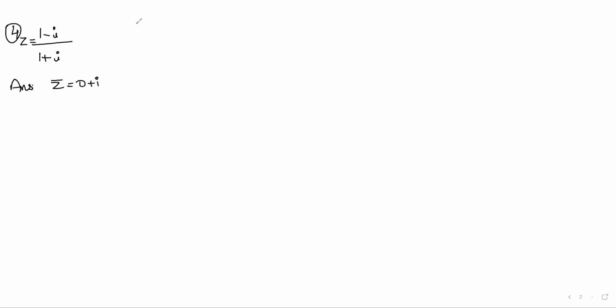Very good. So Yusra, please write in this form 0 plus iota, because this is the standard form a plus iota b. Next, fifth, please try this question. Z is equal to 1 plus iota whole square by 3 minus iota. Please find the conjugate of this.